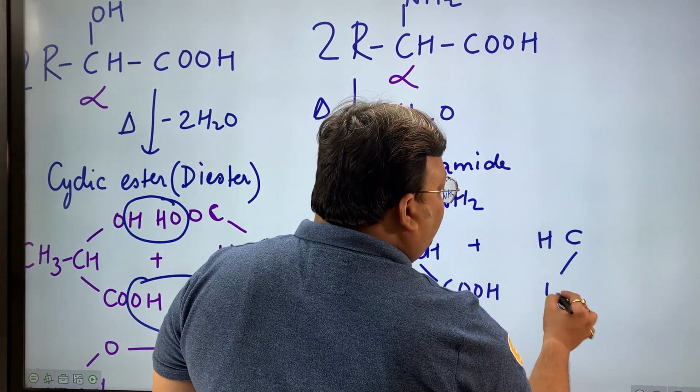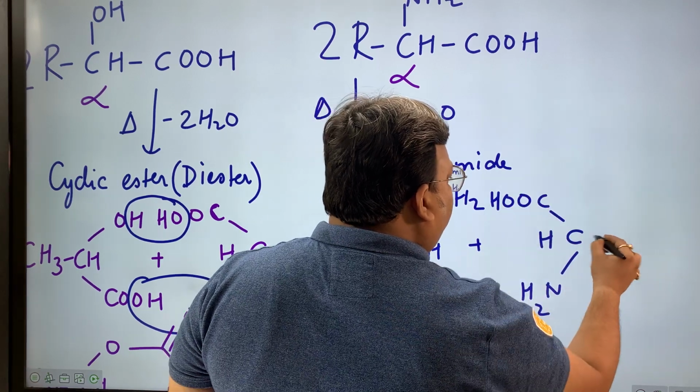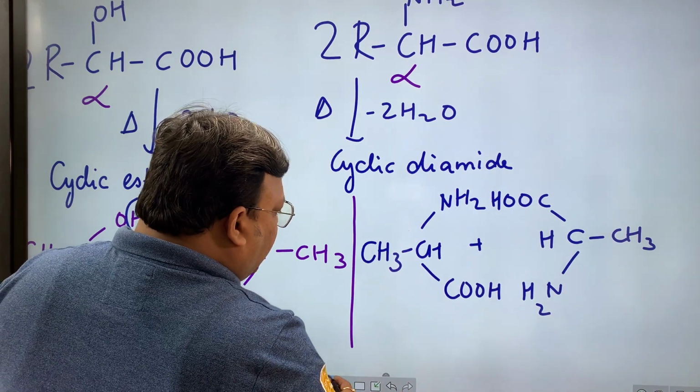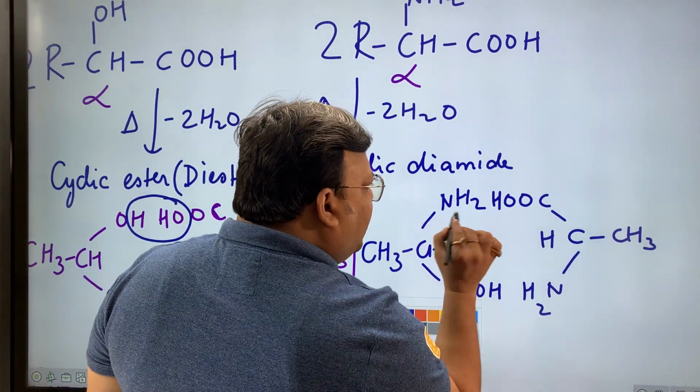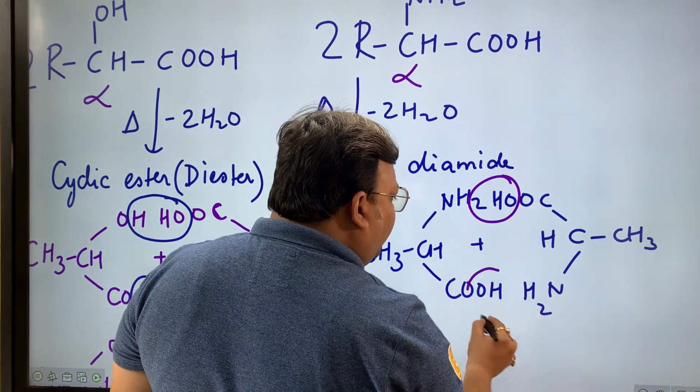I want to write NH2 here and COOH above. When I do it this way, alpha amino acid, I remove 2 moles of water in a particular manner. I remove water from here and I remove water from here.